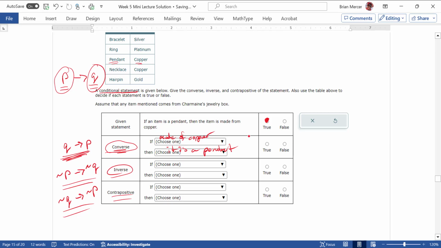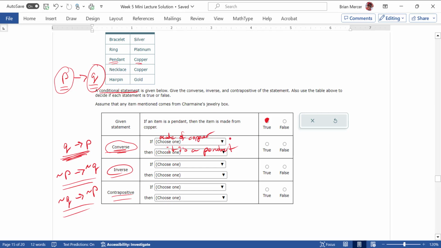There's a drop down of choices, but that's essentially what you're choosing. So if it is made of copper, then it is a pendant. I thought I wrote that backwards, but I didn't. So at any rate, that's how you find the converse.